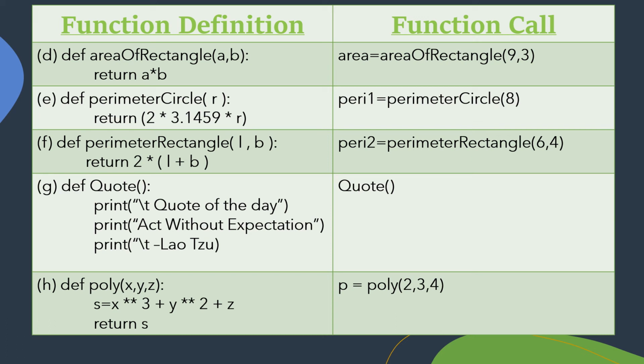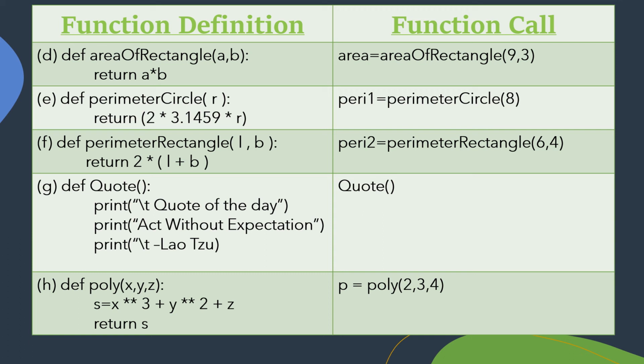Here I've taken a variable called peri1 is equal to perimeter circle. Within that I have passed the value as 8. Then perimeter rectangle having two parameters L and B, and it's returning some value. So we can call it like this: peri2 is equal to perimeter rectangle. Within that we have taken two values 6 and 4.